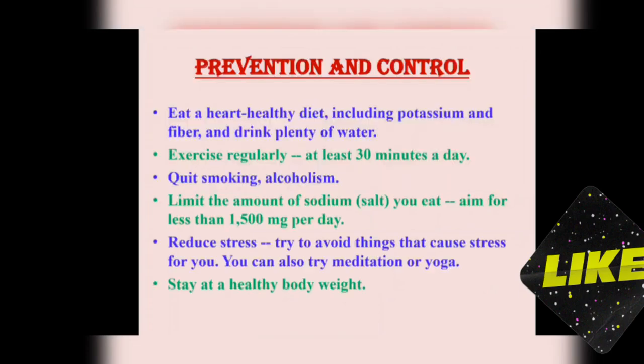Next we will see complications of hypertension. There are so many complications, because if precautions are not taken, risk factors are not avoided, and proper treatment is not taken, the patient will end up with complications like aortic dissection.